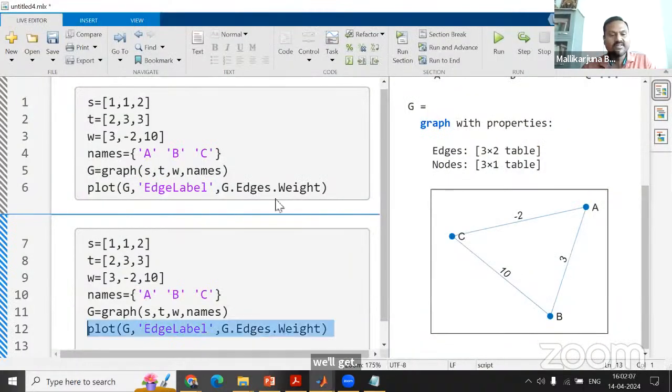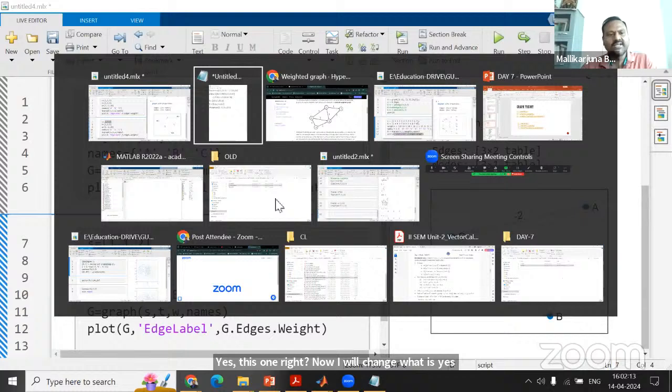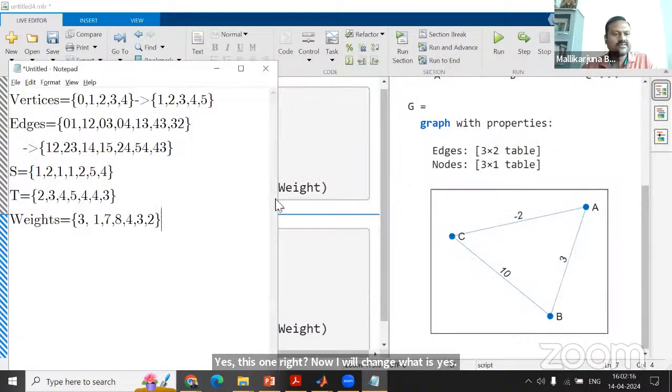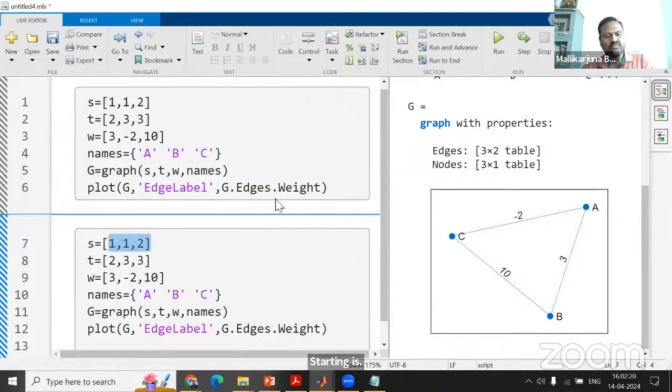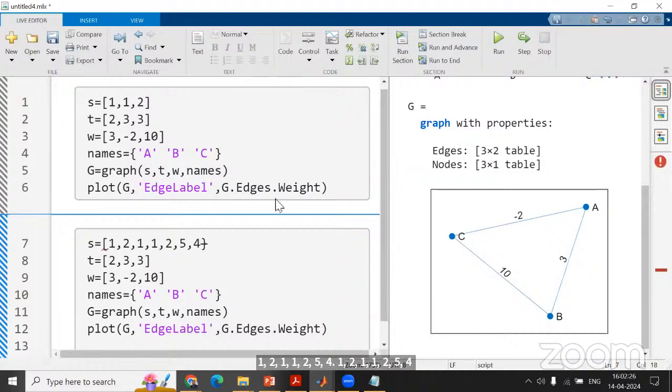Yes, this one, right. Now I will change it. Starting is 1, 2, 1, 1, 2, 5, 4.